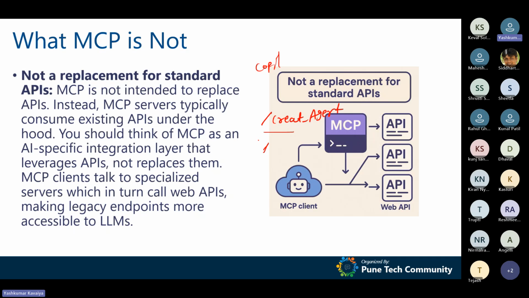But using just a single line of prompt we can achieve this. This is not a replacement of a standard API, but it will consume whatever existing endpoint is available in Azure or XYZ.